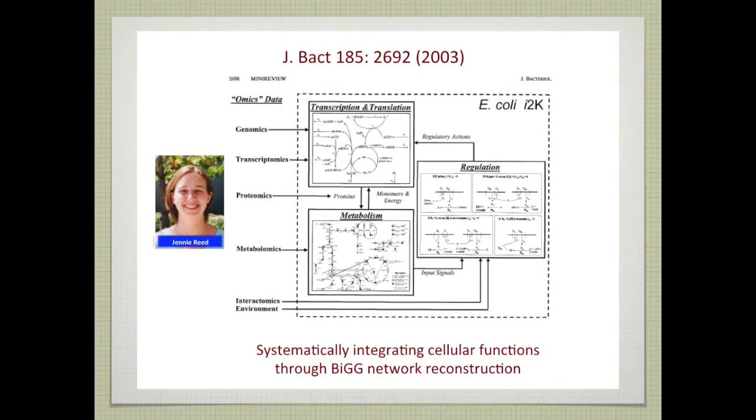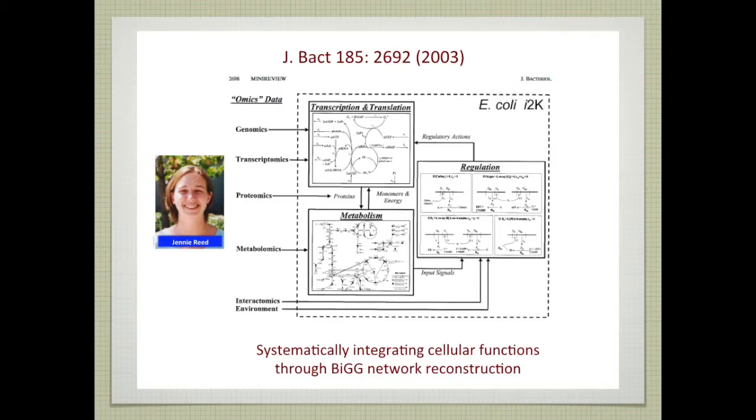And that review lays out this vision shown in here, that metabolism isn't the only function in a cell that can be reconstructed in terms of its underlying reactions and stoichiometrically represented. The same thing should be true for transcription, translation, regulation, and any other process in a cell that you can parse out in terms of the underlying reactions.